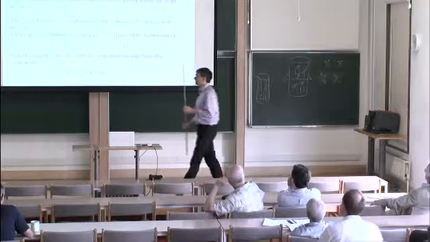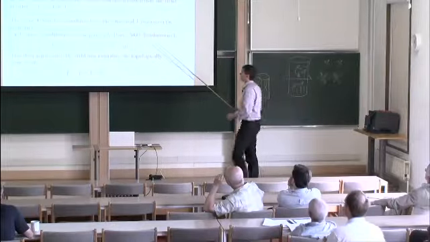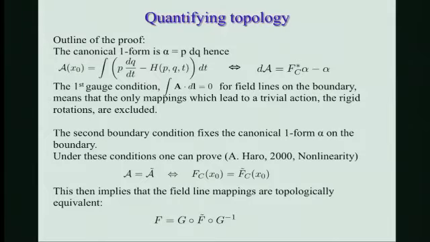This is just a quick outline of the proof. You can show that this formulation is equivalent to this equation here, where alpha is the canonical one form, so alpha is p dq.